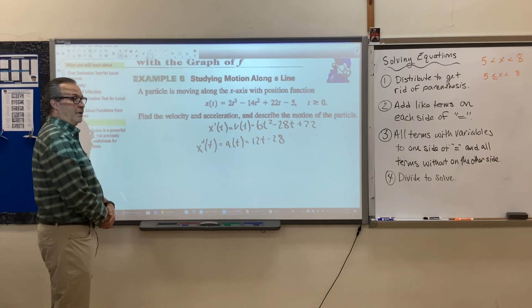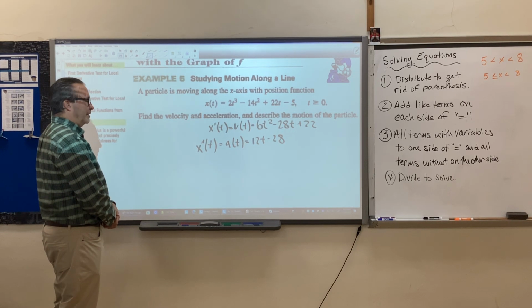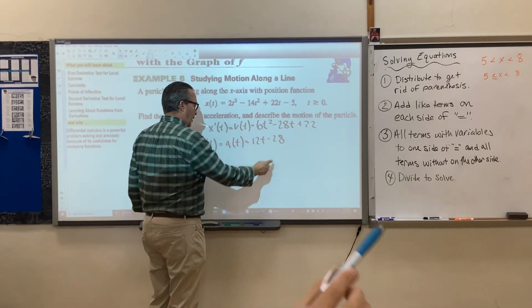Probably moves back and forth. Velocity is sometimes positive and negative. Can we graph this thing? Can we factor this?